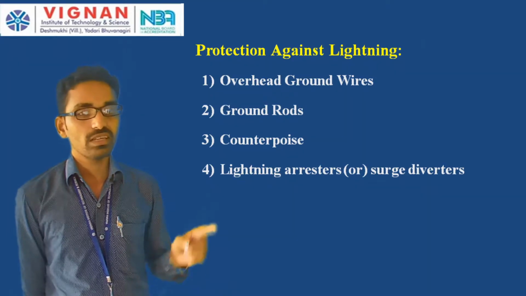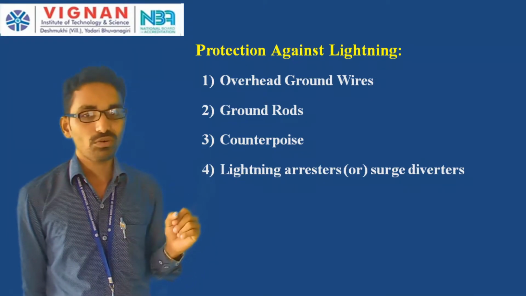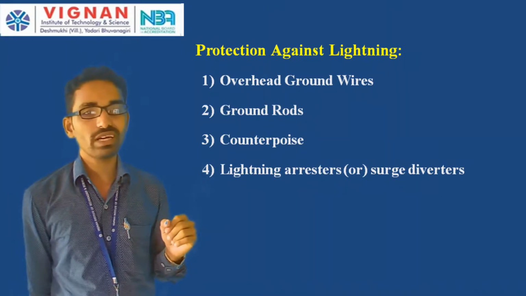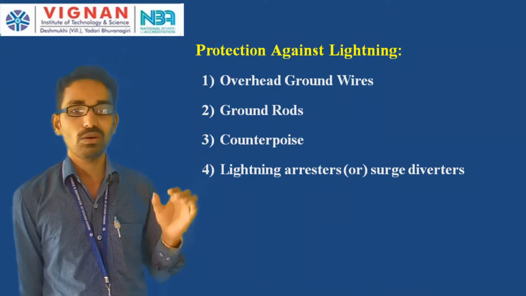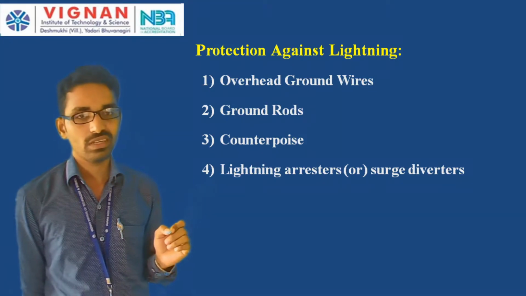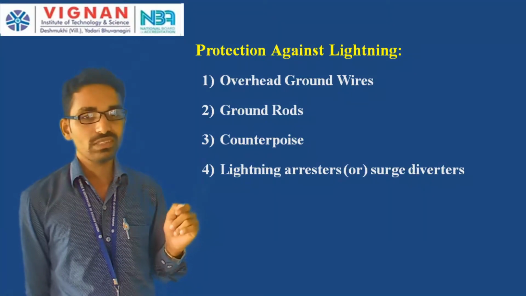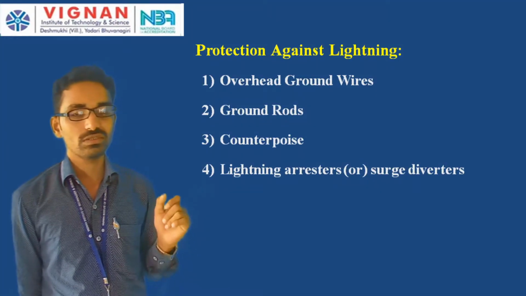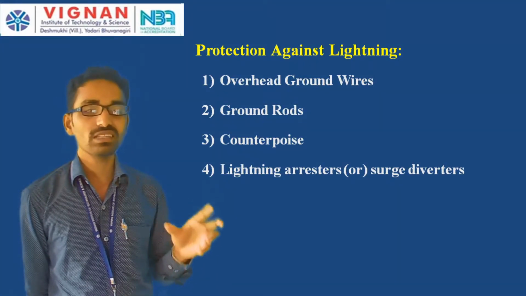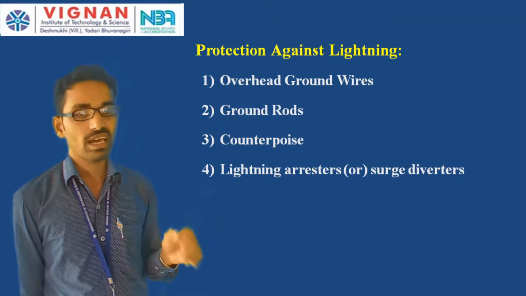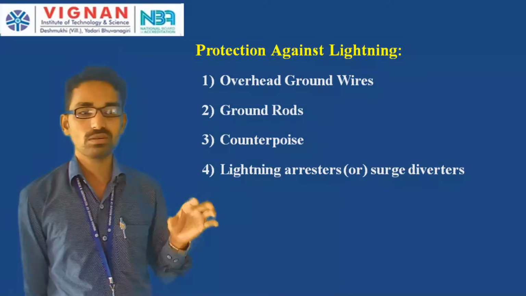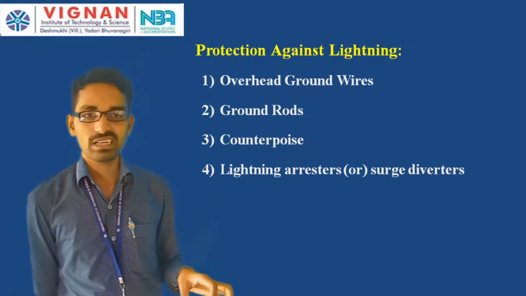The first one is overhead ground wires. These provide protection for overhead transmission lines. The next one is ground rods. Ground rods and counterpoise also provide protection for transmission lines only.